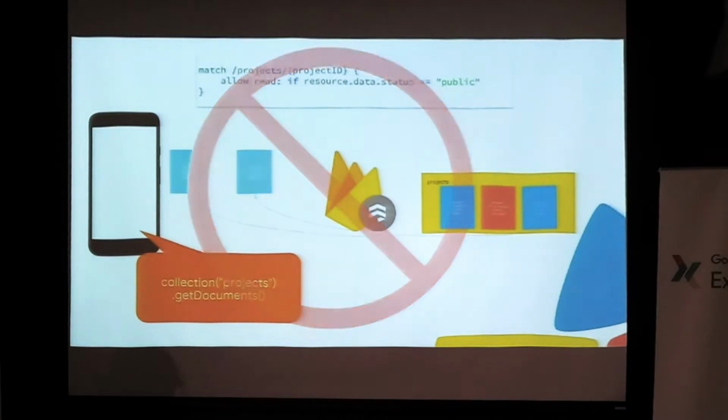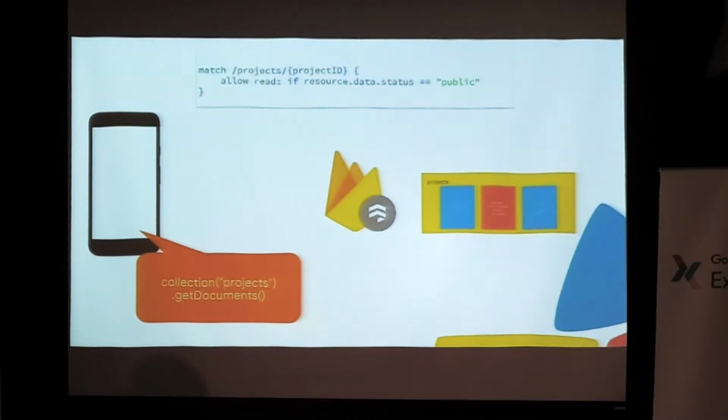Why does this happen? It's because Firebase uses the rules in order to guarantee that all the data that will be fetched will actually match this rule before fetching the actual data.